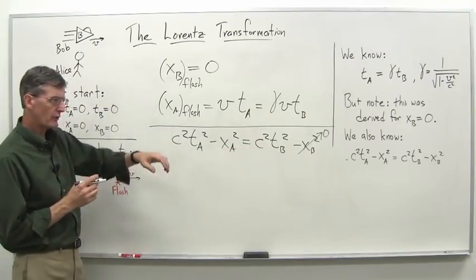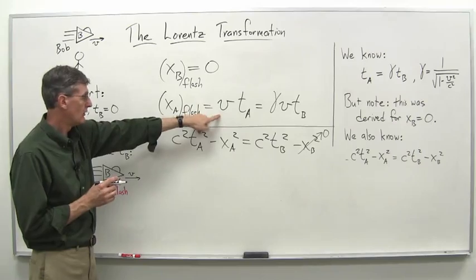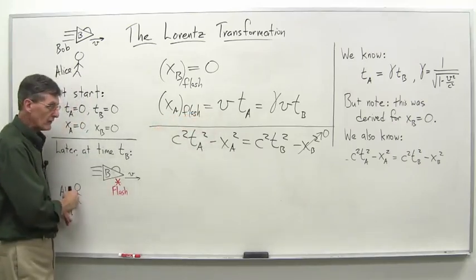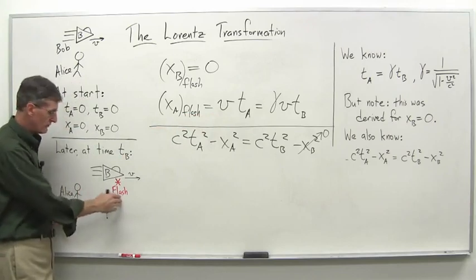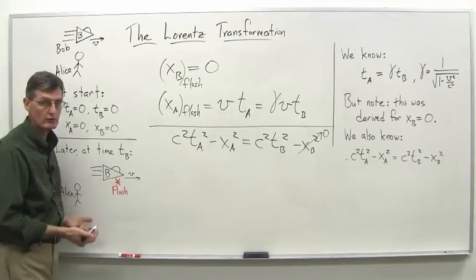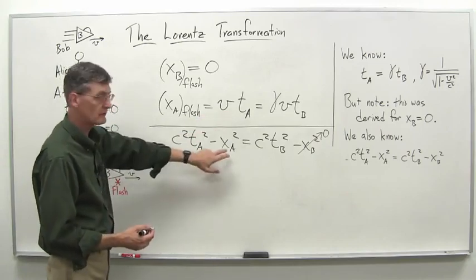And then let's also put in v t_a for the flash of light. Again, that's Alice's distance for the flash, because it's just the velocity of Bob times how much time elapsed on her lattice of clocks. So let's plug this in here.